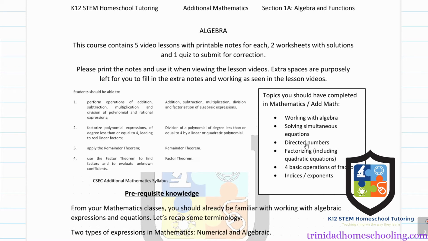So directed numbers are adding negative numbers to positive numbers or adding negative and negative numbers, etc. Factorizing, including quadratic equations, and the 4 basic operations of fractions. Alright, you need to know how to add fractions, subtract fractions, divide fractions, etc. And you need to know how to work with indices and exponents.